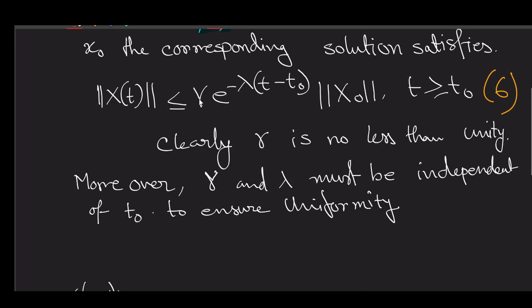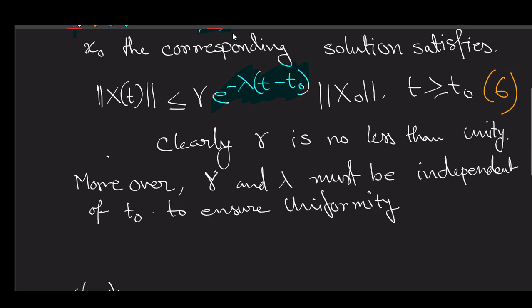Why can gamma not be less than unity? Because you can see that if you put t is equal to t0, then this will give you 1. So at t is equal to t0, it should be x0. Now norm x0 less than or equal to gamma norm x0 clearly indicates that gamma cannot be less than unity, right?